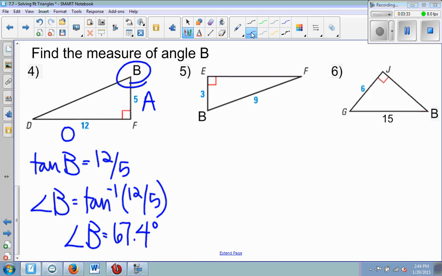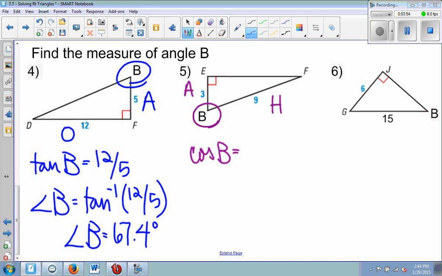So in the next one, we're finding angle B. Angle B is here. From angle B, this 3 is the adjacent side. The 9 is the hypotenuse. So if we want to figure out angle B, I'm going to use a cosine ratio because A and H helps me use cosine.